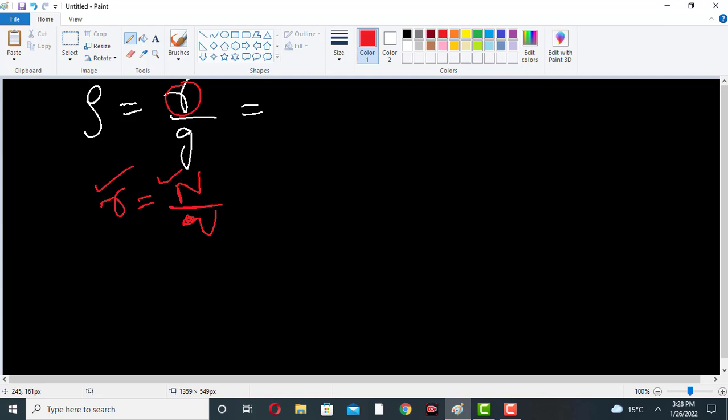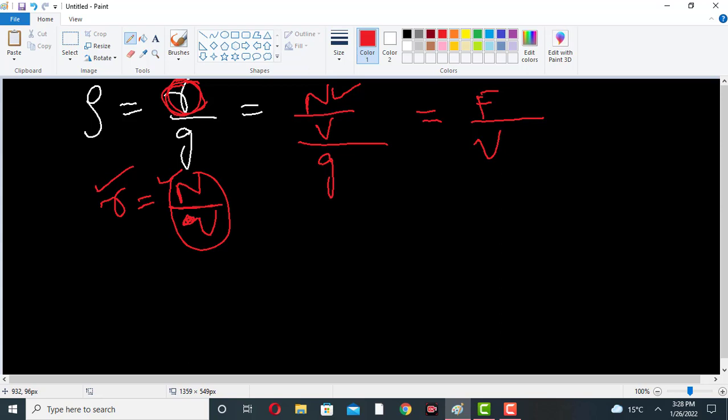So we will put N divided by V in this place: N is force per unit volume, and g is the acceleration due to gravity. N is the force, V is the volume, and g is the acceleration due to gravity.